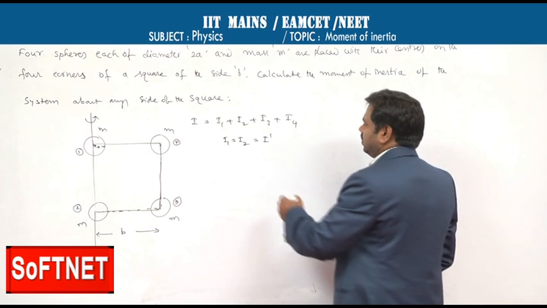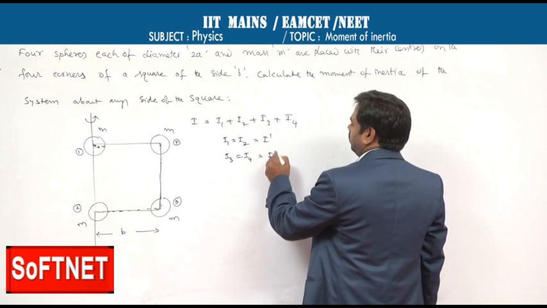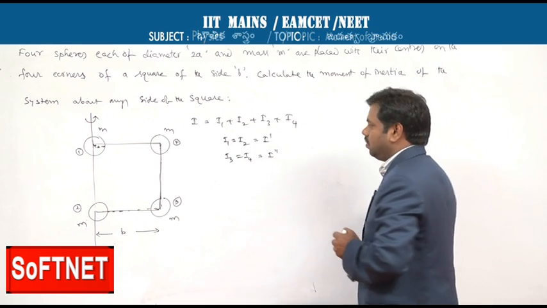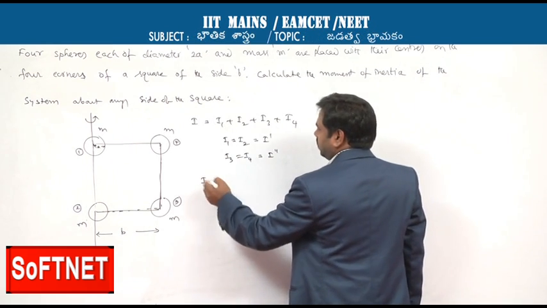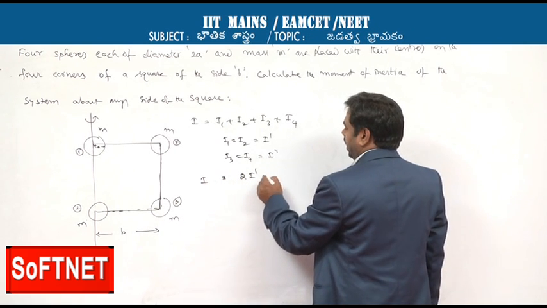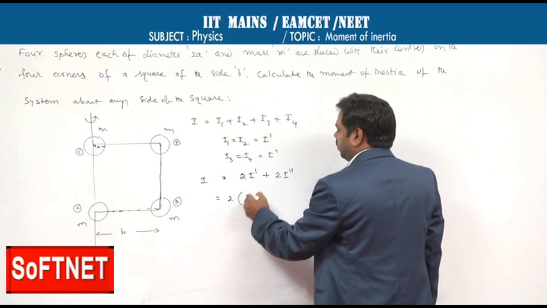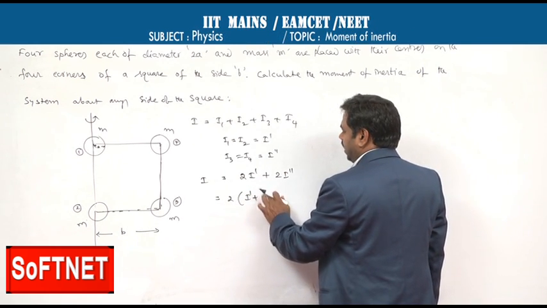So let me call I3 is equal to I4 is equal to I double dash. Now the moment of inertia of the system about that axis, simply we can write 2I dash plus 2I double dash, that is 2 into I dash plus I double dash.